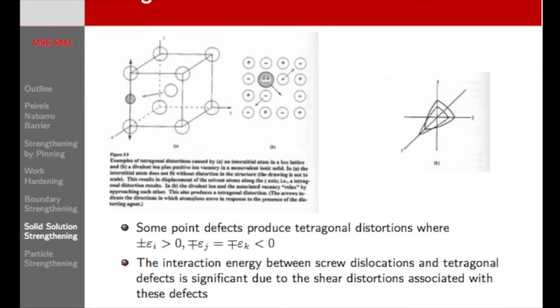And so the cool thing about this is it does not have a symmetric distortion. This gives you an anisotropic stress field, unlike the spherical one for a substitutional. The stress field around an interstitial, especially in BCC, or charged species, so in intermetallics or ordered compounds sometimes, is not spherical; we call these tetragonal distortions.